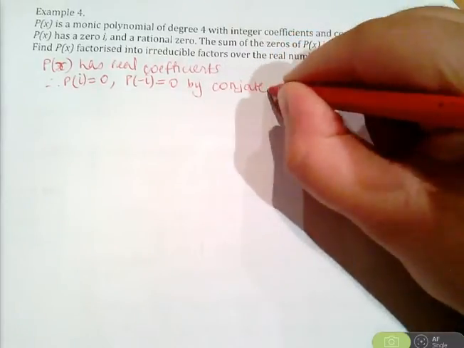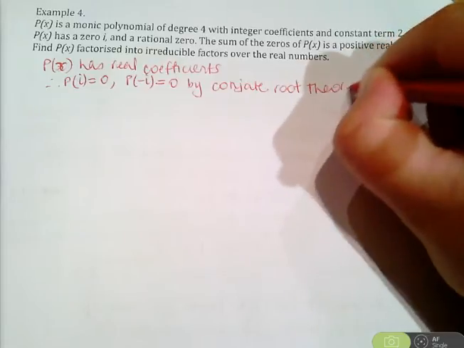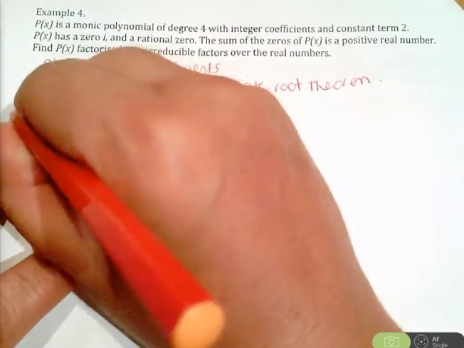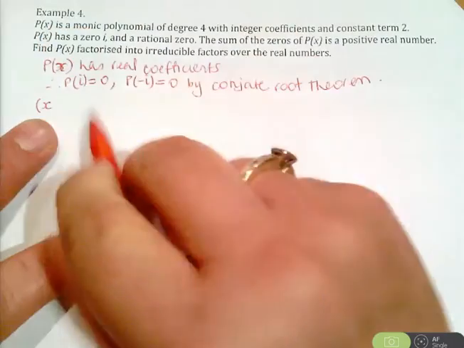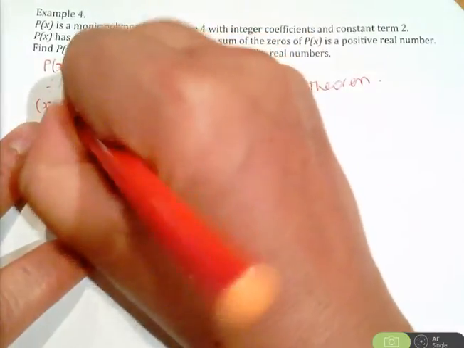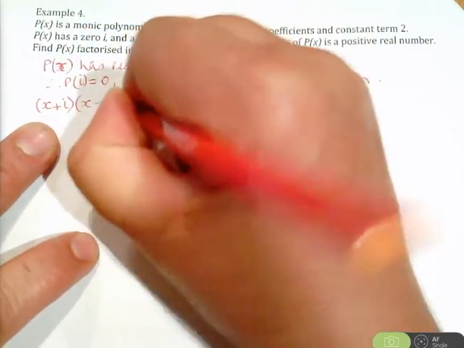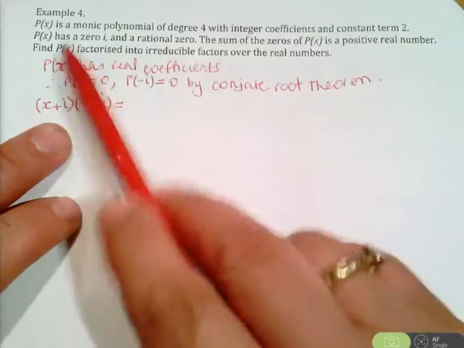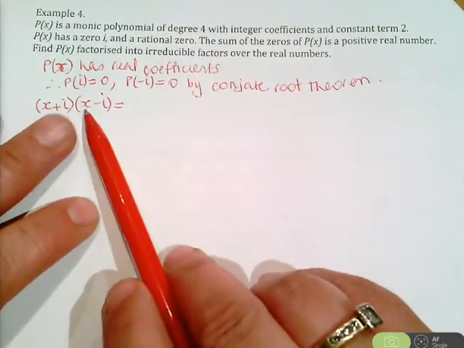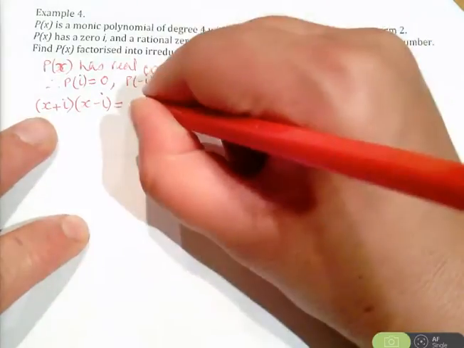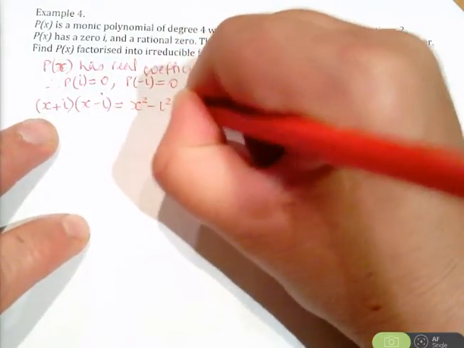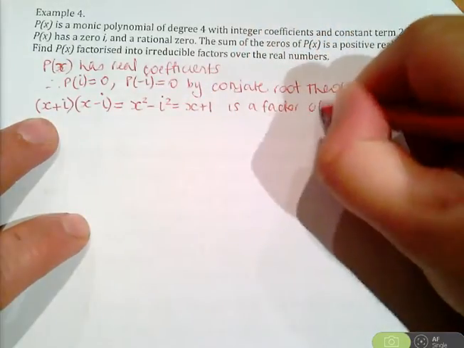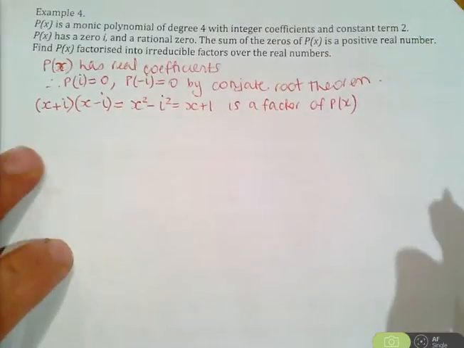Now, if we just start factorising, we know that so far (x plus i) times (x minus i) are two factors of our polynomial. Remember, it's got degree 4. That's equal to x squared minus i squared, which happens to be x squared plus 1, is a factor of our polynomial in x.